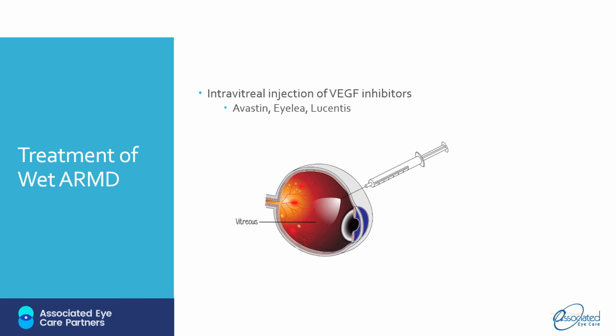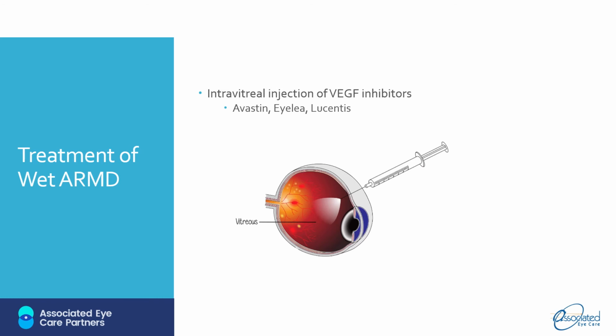So once the blood vessels are there, we try to get them to resorb, and the best way to do that is with VEGF inhibitors, vascular endothelial growth factor inhibitors. And you folks are familiar with these with other types of diseases. For the eye, the medicine is injected directly into the vitreous cavity, so these are called intravitreal injections.